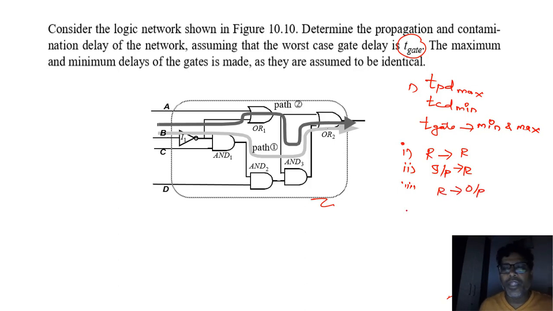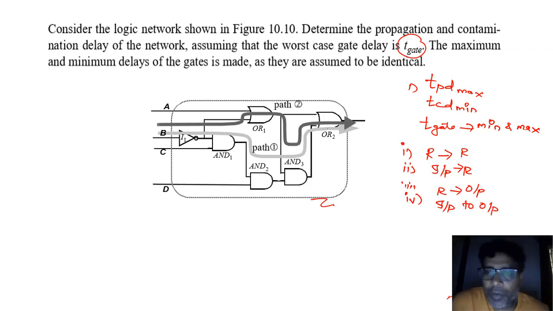Then the fourth thing is there could be a path without having a register, directly from input to output. So it could be either of these four paths that could be taken into account.